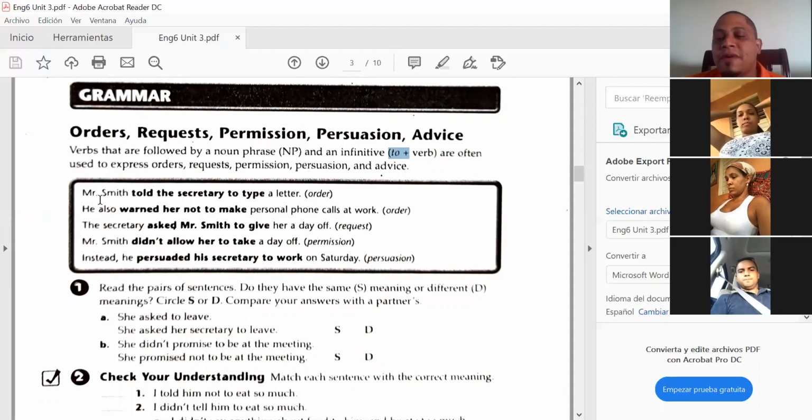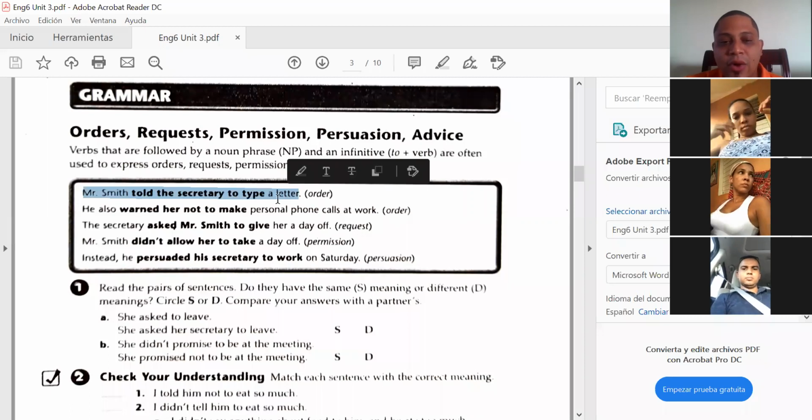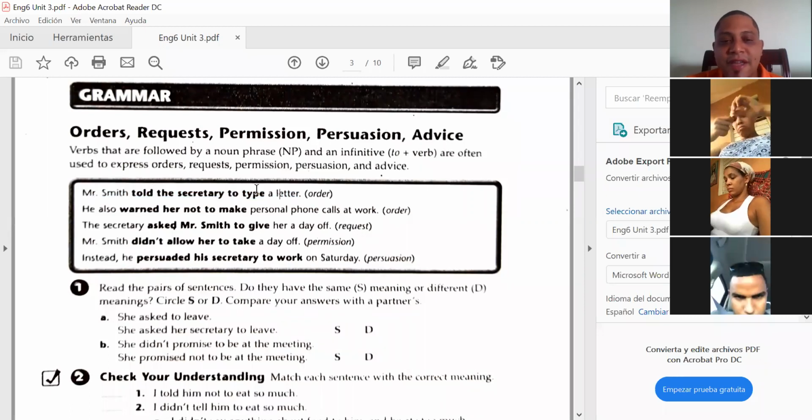So let's take, for example, sentence number 1. Look, this sentence is an order. So it says, Mr. Smith told the secretary to type a letter, right?